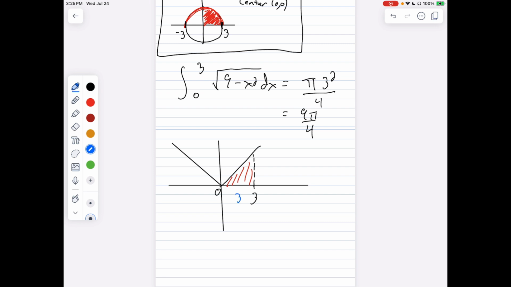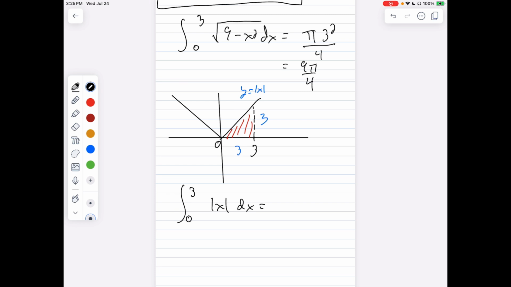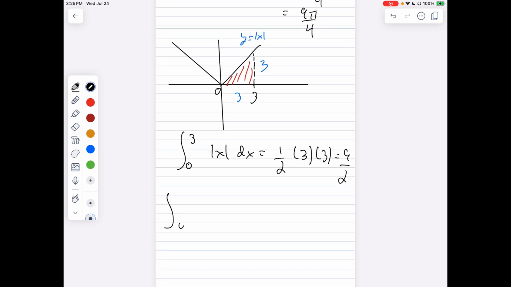Well, the absolute value of x gives you the y value for whatever x is. So if x is 3, then your y value is 3, which is the height here. So the area for the absolute value function from 0 to 3 is 1/2 times the base of 3 times the height of 3, so 9/2.